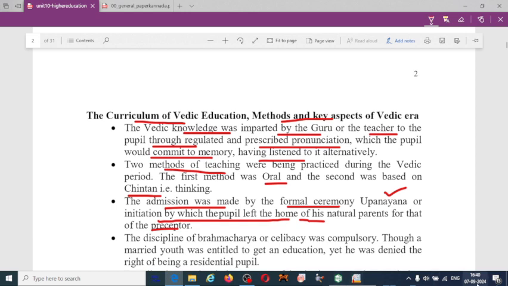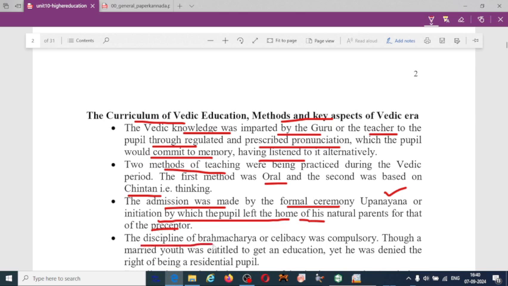Upanayana means the pupil has to leave their home and parents, and be together with their gurus until the education completes.